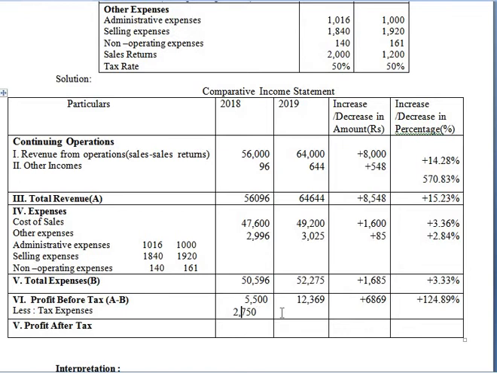Okay, 2,750. Next, 2019. Okay, what is the profit for year 2019?